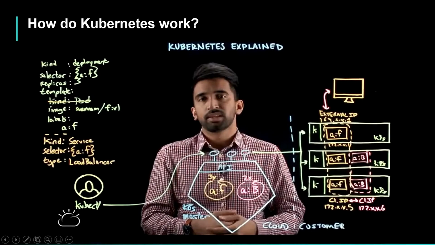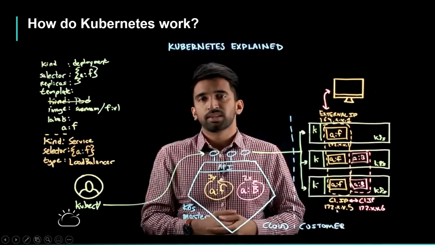But what happens if this pod goes down? When you start it again, you get a different IP. So what Kubernetes created was the service, and when you create a service for these worker nodes, what you create is a cluster IP.